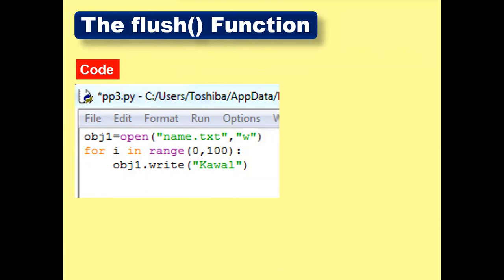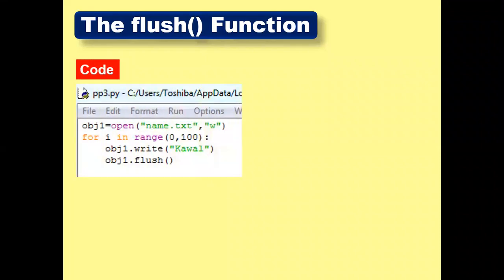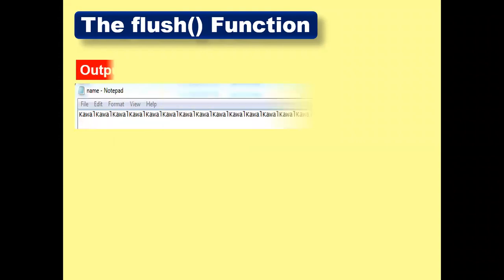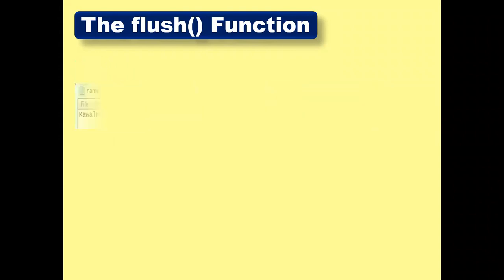Here it is a loop where the name is stored multiple times within a file, but nothing is stored, because we have not used a close function here. In the second program, instead of close, we are using a flush here, so it passes that content from the buffer to a secondary storage. And the content displayed on the screen is similar to what is displayed here. Very good. Kindly type yes or no in the chat box if you understood or not.